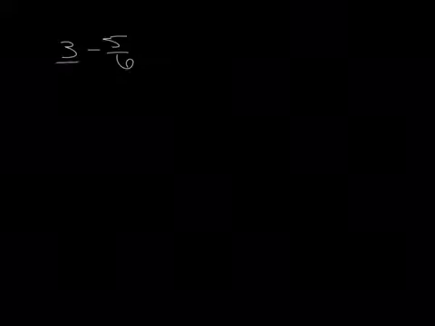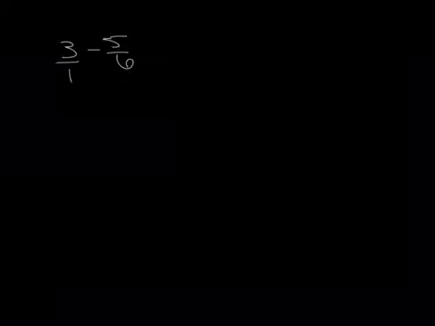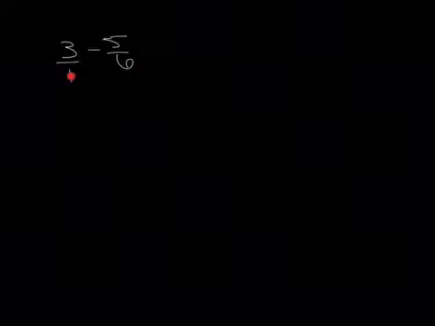Okay, so for example 18, we have 3 minus 5/6. So I like to make that into a fraction so that I know that I've got a 1 and a 6. Now one of the things that's nice is whenever one of the denominators is the number 1, then the other denominator is the common denominator.